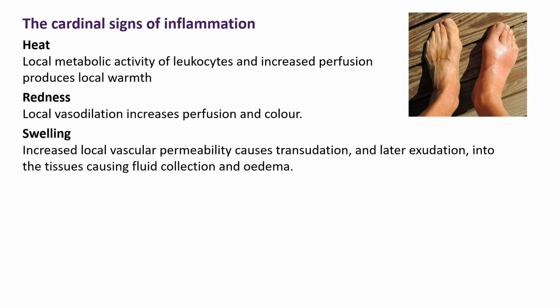Transudate is protein light. It's thin, watery fluid. Later on, when we start to get cells moving into the tissues and we start to get those proteins that we've talked about, complement, antibodies, that sort of thing, moving into the tissues, then that transudate will become exudate. It will become protein rich.